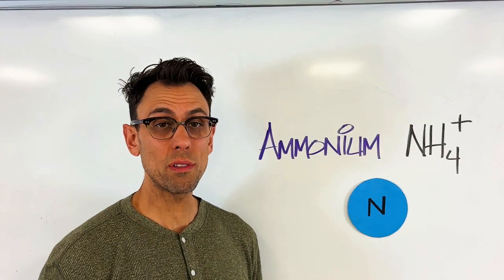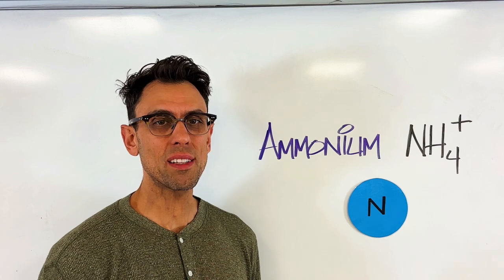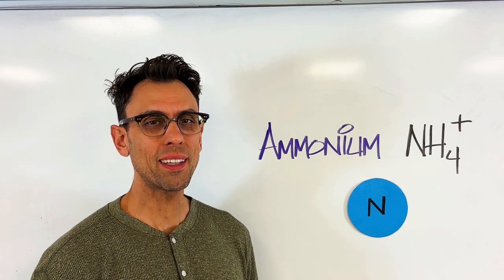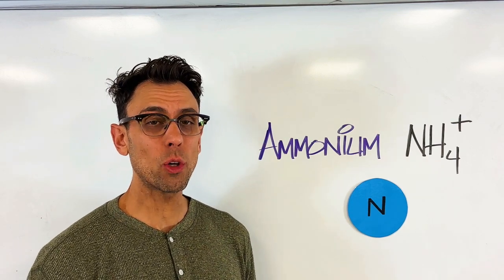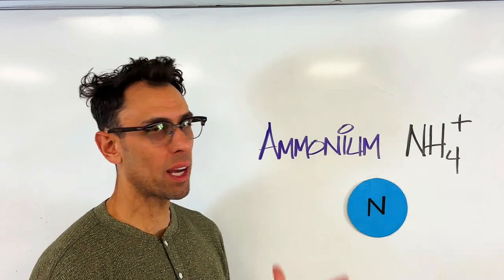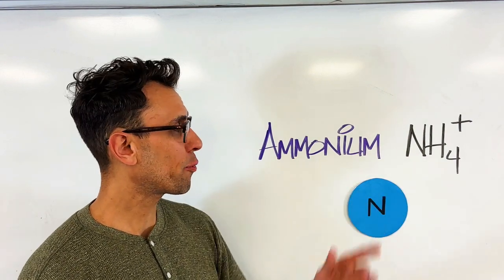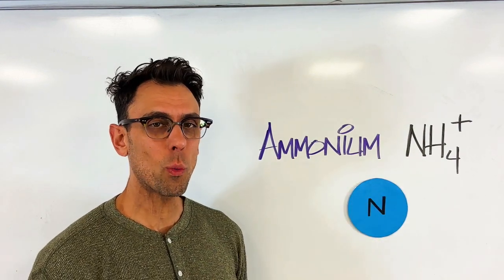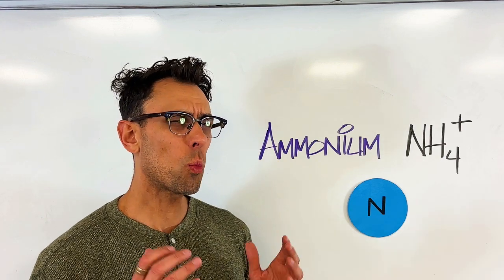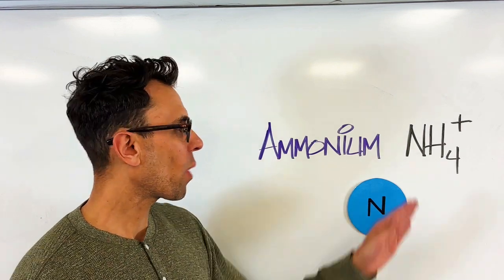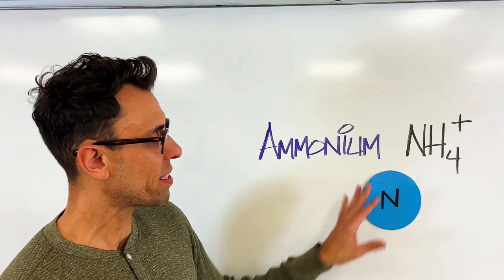All right, so next up, we're going to take a look at a positively charged polyatomic ion. And here we have one of the most well-known polyatomic ions, ammonium. Now, ammonium has the formula NH4 with a positive 1 charge. So what is it exactly? Well, we have a single nitrogen atom, as you can see here.